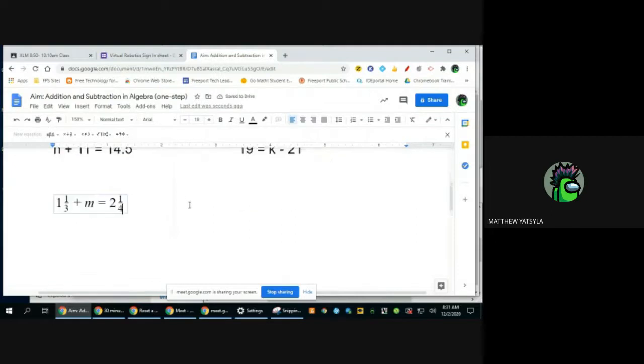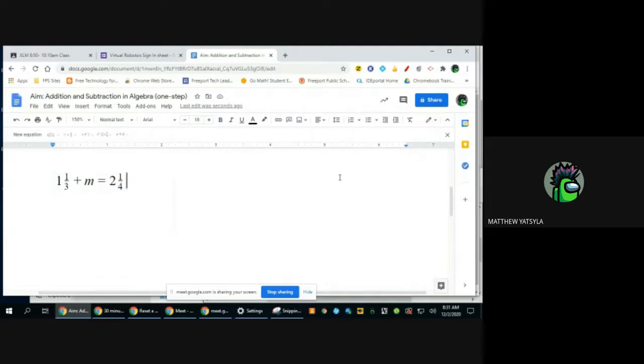All right, so again, bringing that fraction piece in there. Decimals, you would do the same way at the top, but fractions, I want to make sure that I show you. So here we go. Same idea. Let me just get that cursor out of the way.